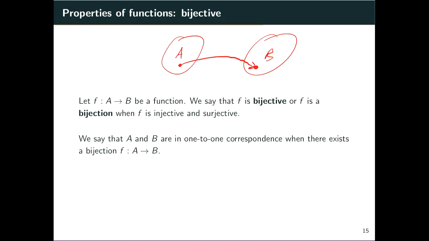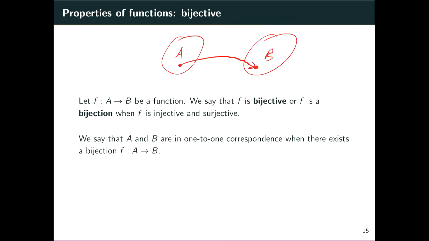So for every element in b, there's a unique element in a that maps to it. But the usual way that you prove a function is bijective is just by doing the two steps. First prove it's injective, and then prove it's surjective.